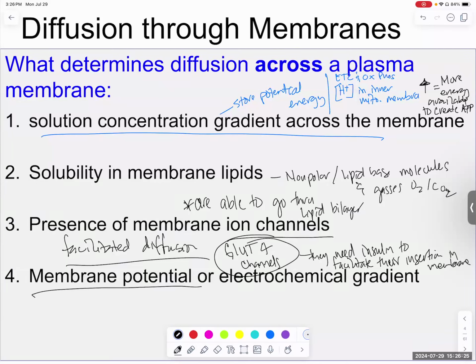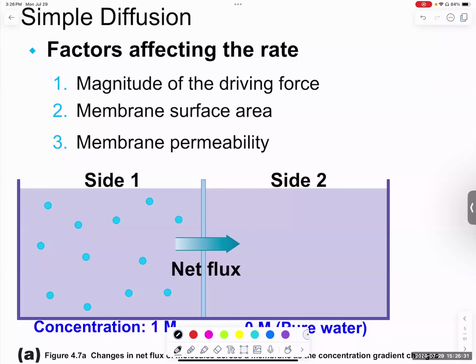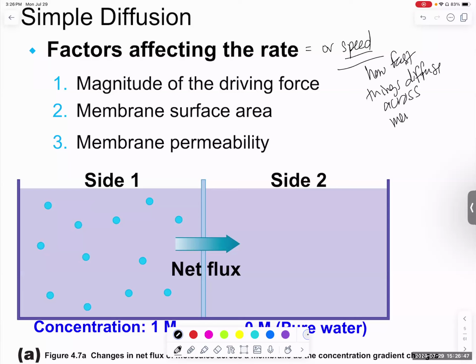And then also, what is the membrane potential? What's the electrochemical gradient? What's the concentration gradient? So those are the factors that affect the rate or speed, how fast things diffuse across the membrane. Do you think it matters how fast things diffuse?